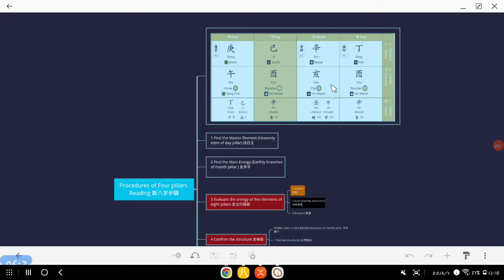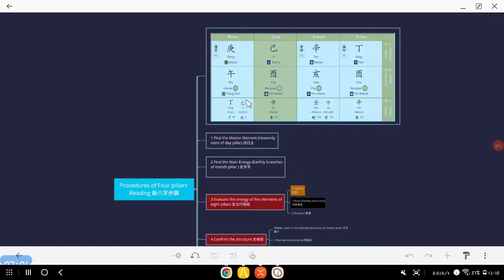And of course, the water element got its roots on this month pillar. It has this high, and this is the fire's root. Of course, the earthly branches have a hidden stem.